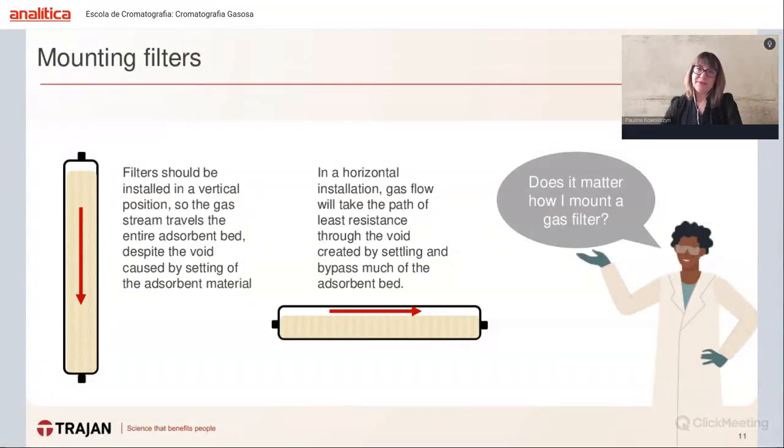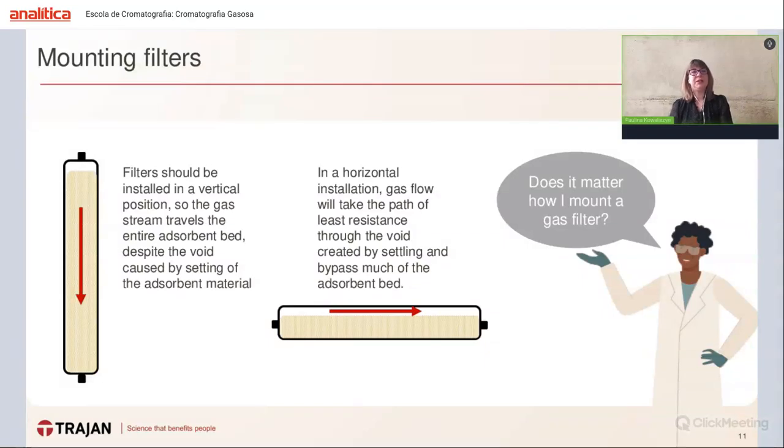So it is very important to mention here how we should mount the gas filters in our laboratory, either on our wall or on our benches. The filters should always be in vertical position, not horizontal. In a vertical position, the gas is able to penetrate the whole bed of the adsorbent, so all of the gas can be filtered without any void volumes.